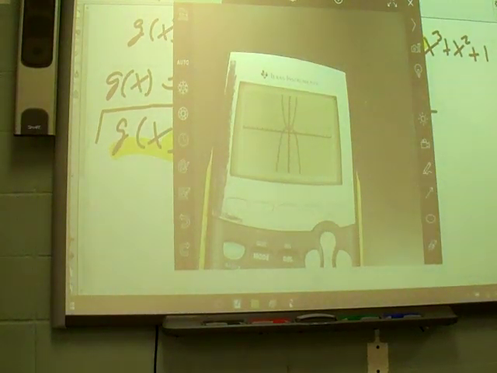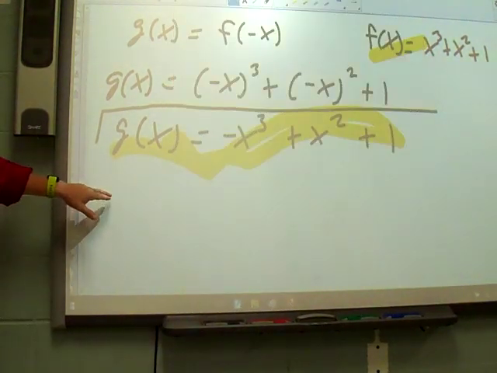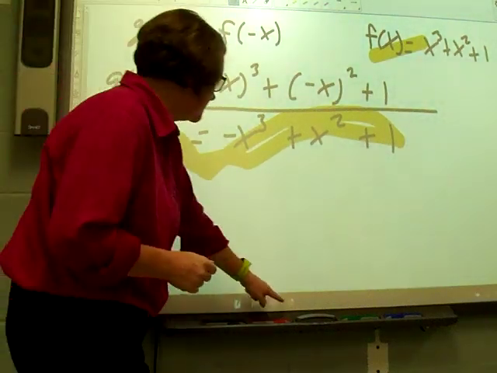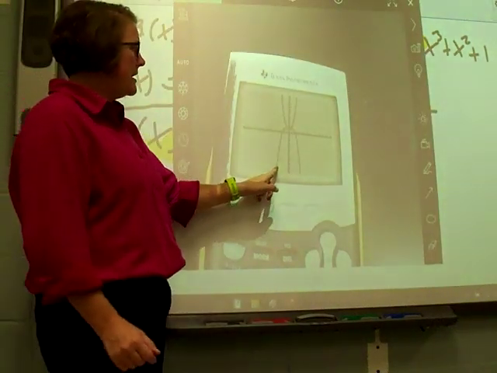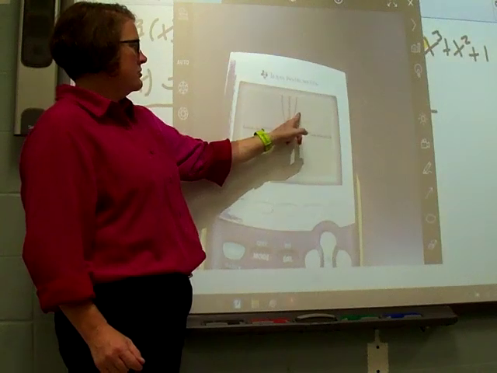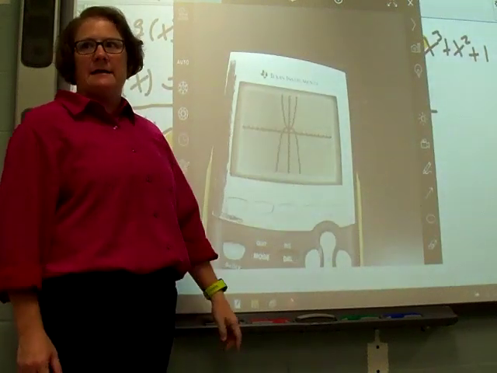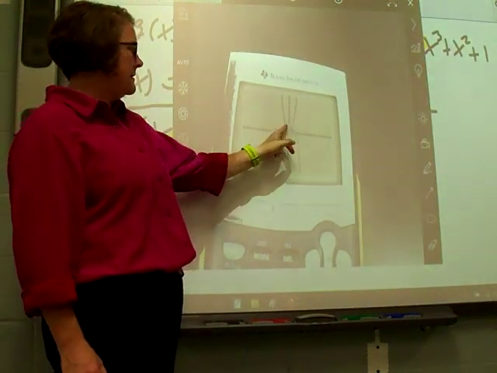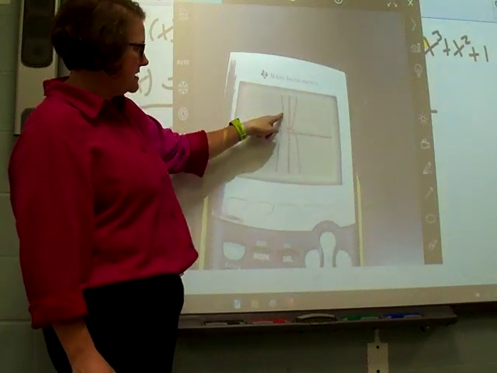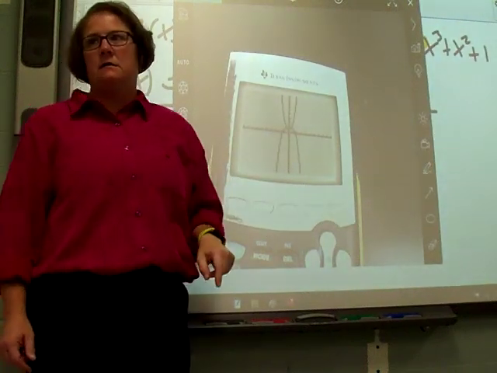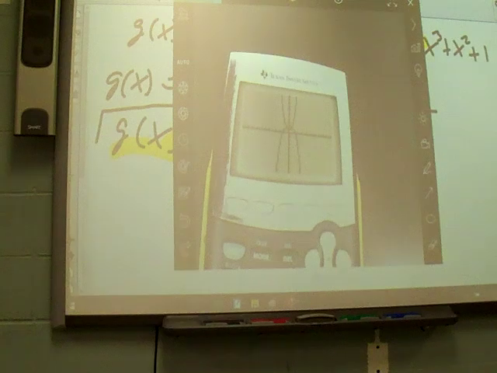Did you watch it when it drew? The positive one first. So it started here and drew that one first, had that snake going uphill first, right? And then this one was a snake coming downhill second. And that's important that you know what you're graphing, because it's got to be ends going in different directions. You got to catch on all that.